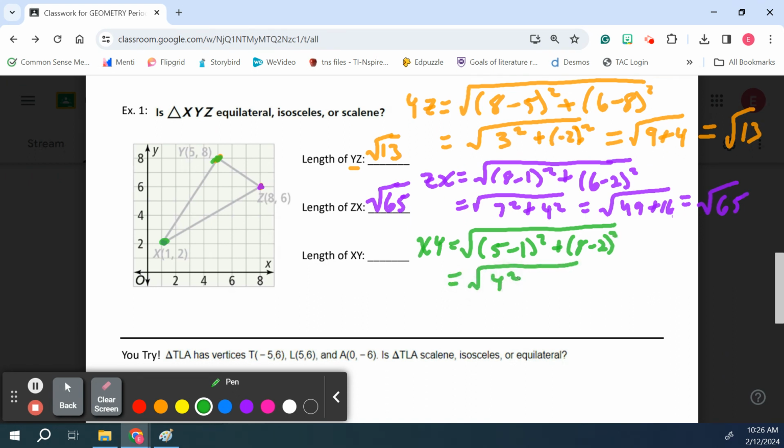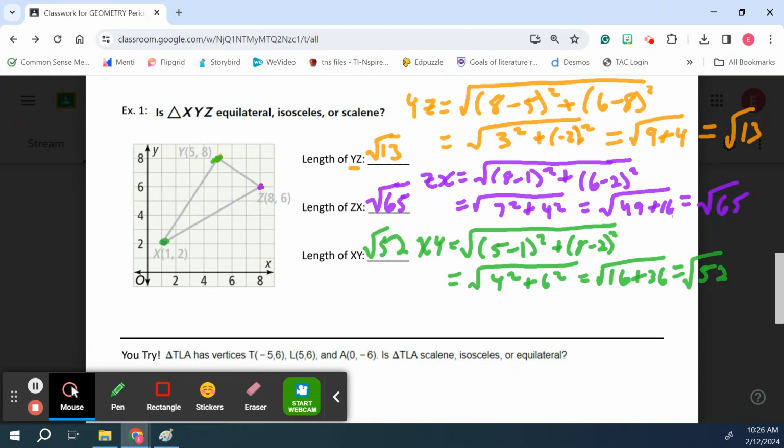This equals 4 squared plus 6 squared. Which gives me 16 plus 36. And I'm left with the square root of 52.